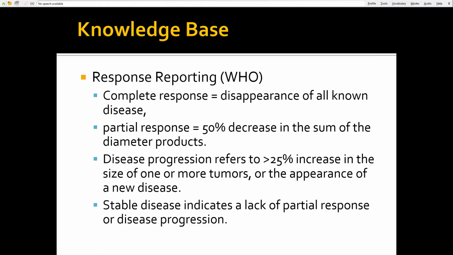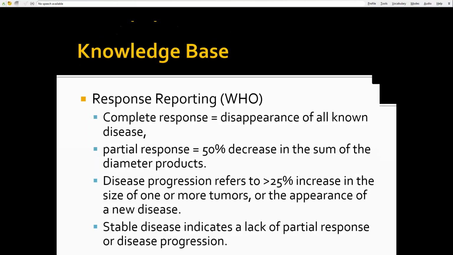You can have a complete response, you could have a partial response. Partial response being about 50% decrease in the sum of the disease. Disease progression refers to a greater than 25% increase in the size of a tumor, or the appearance of new disease. And stable disease is basically a lack of response or disease progression.